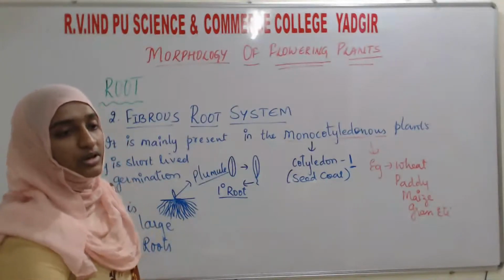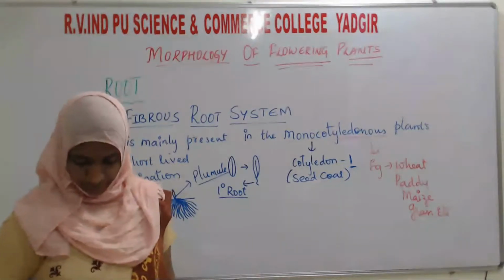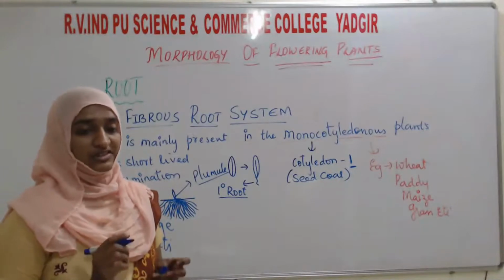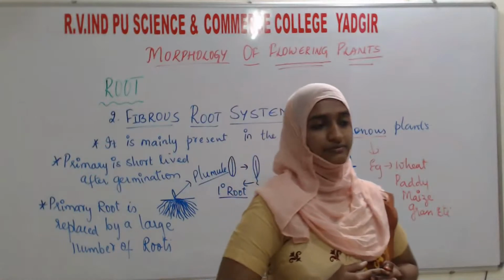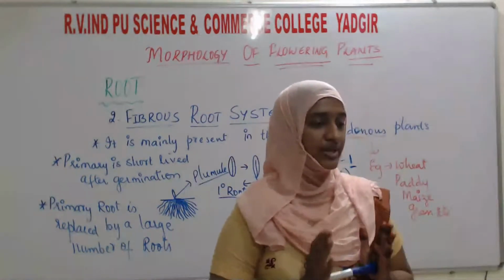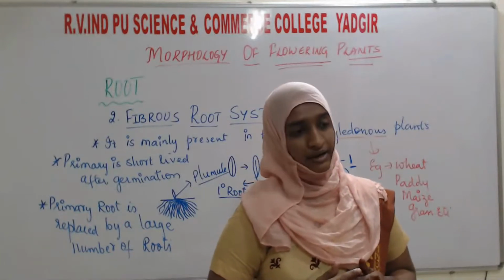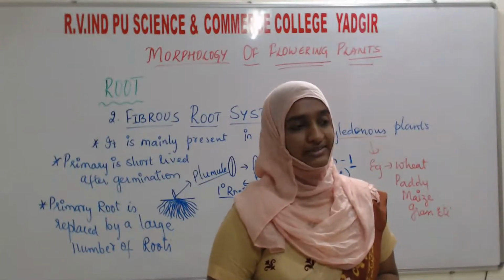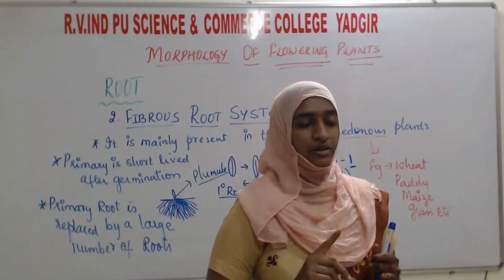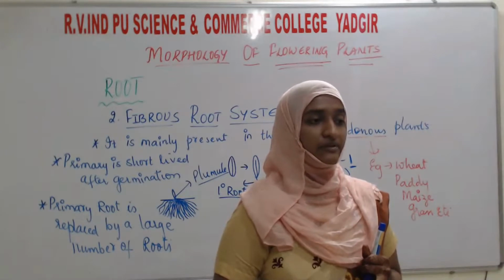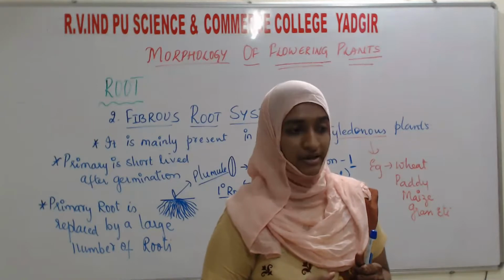In this fibrous root system and in the taproot system, taproot system is mainly present in the dicotyledonous plant, and fibrous root is mainly present in the monocotyledonous plant. Okay, this is the first thing. The radicle first gives rise to the direct elongation of the root, that is the primary root.